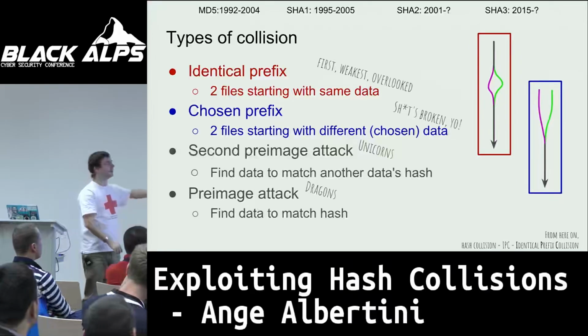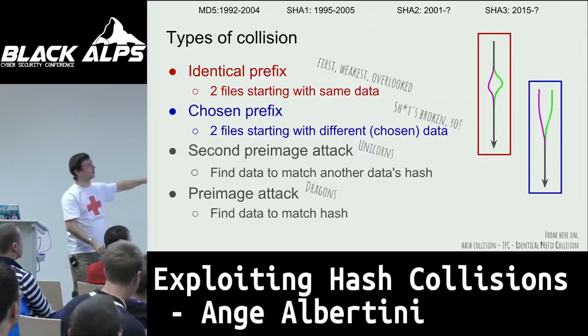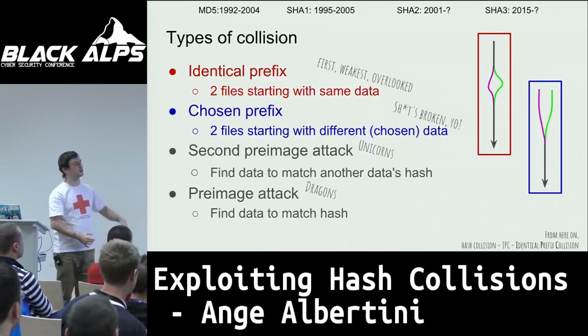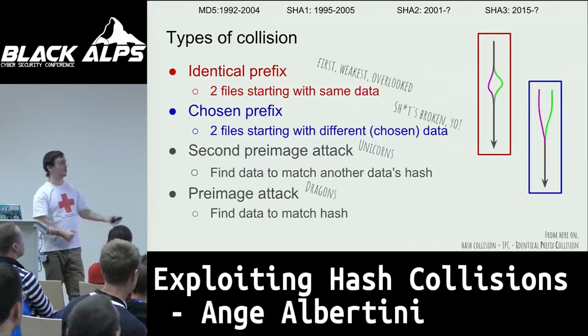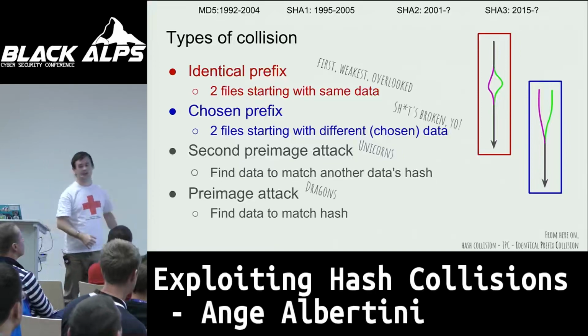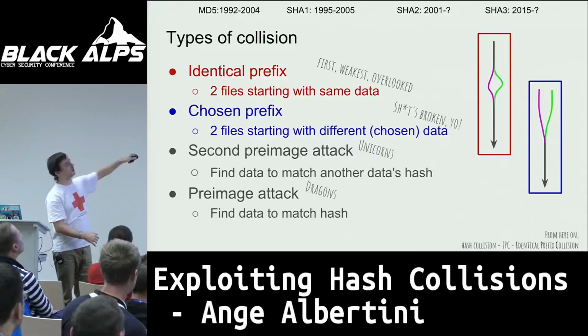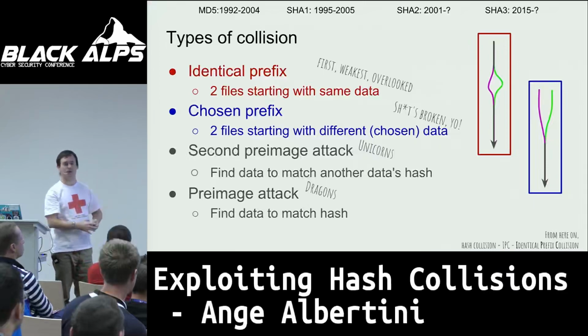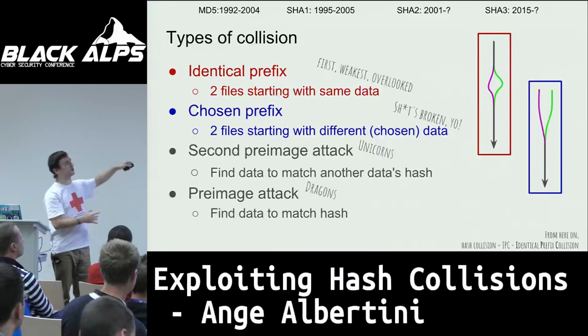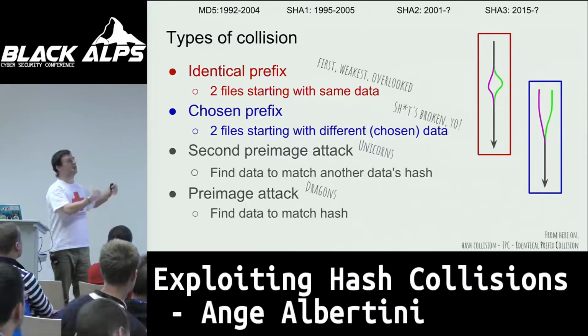And then there is second pre-image attack, where you find data to match another data's hash, and find data to match a hash, and these 2 don't exist in practice. So usually the first that comes in the history of a hash is identical prefix collision. It's the weakest, and it's usually overlooked because it's not really considered that broken.